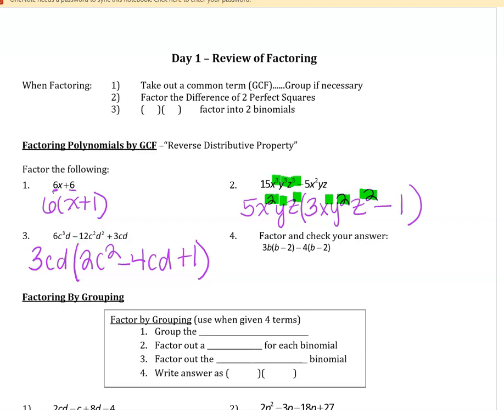Now, at number 4, what I'm noticing is a greatest common factor of b minus 2 in the parentheses. So just like how if you had something that looked like 3a plus 4a, a common factor could be a.